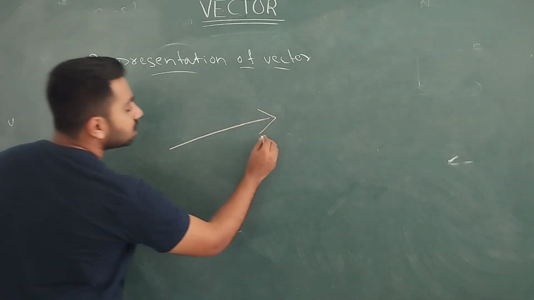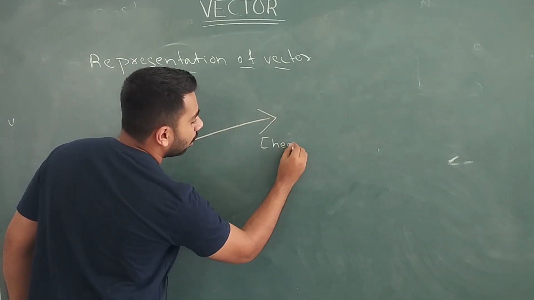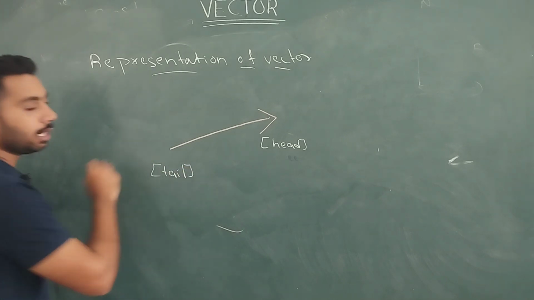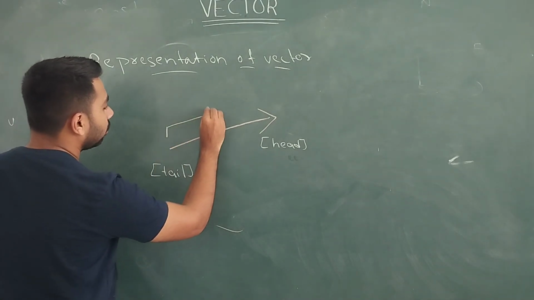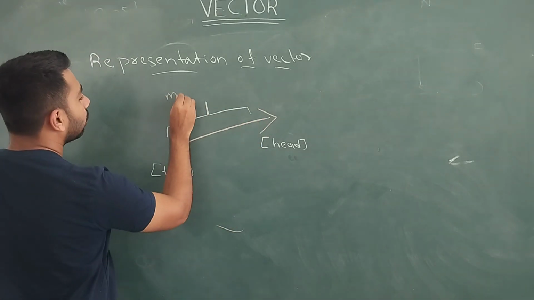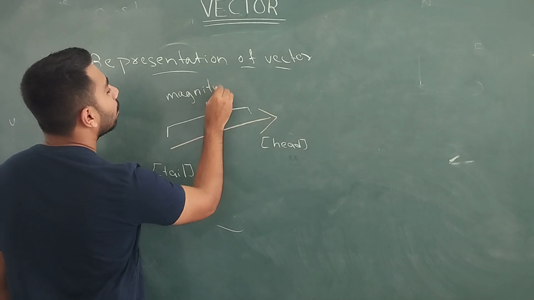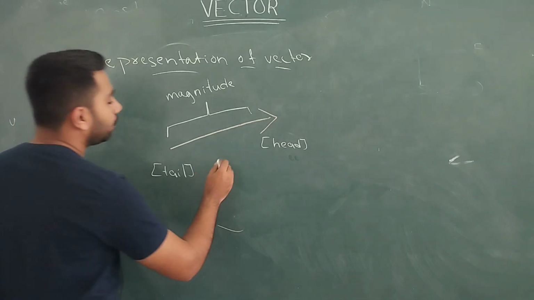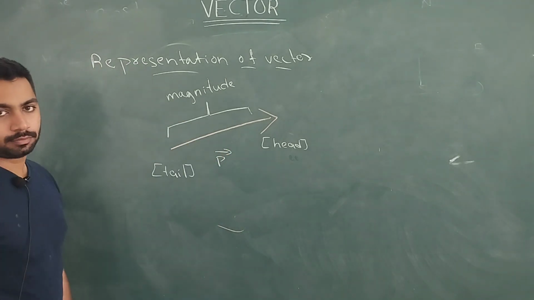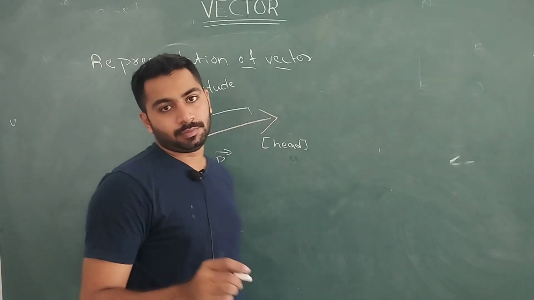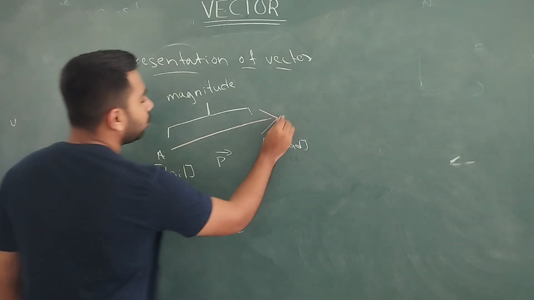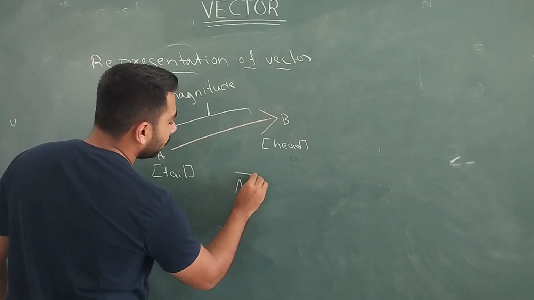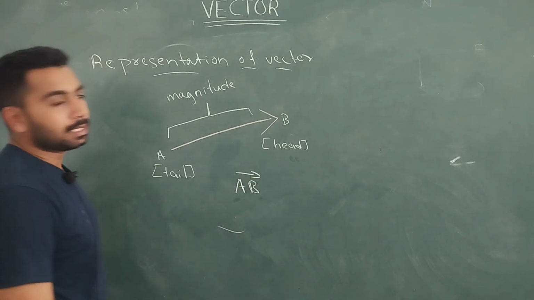This we call the head, and this we call the tail, and overall this is the magnitude. Suppose it is going from A to B, you will say vector from A to B. Simple thing.